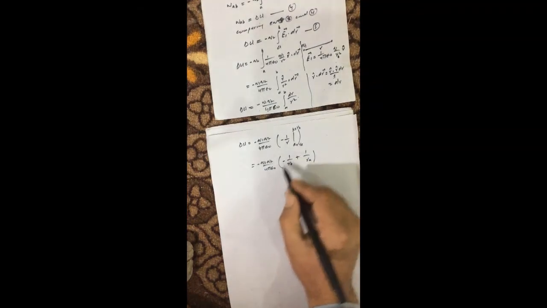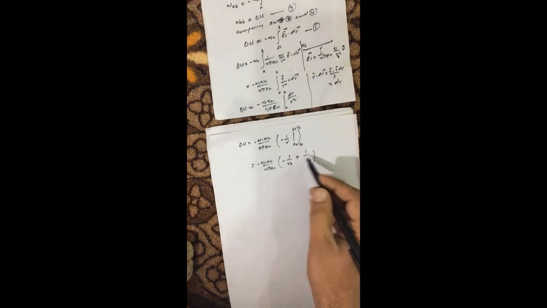But this is plus because upper limit minus lower limit: there is a minus into minus 1 over RA.